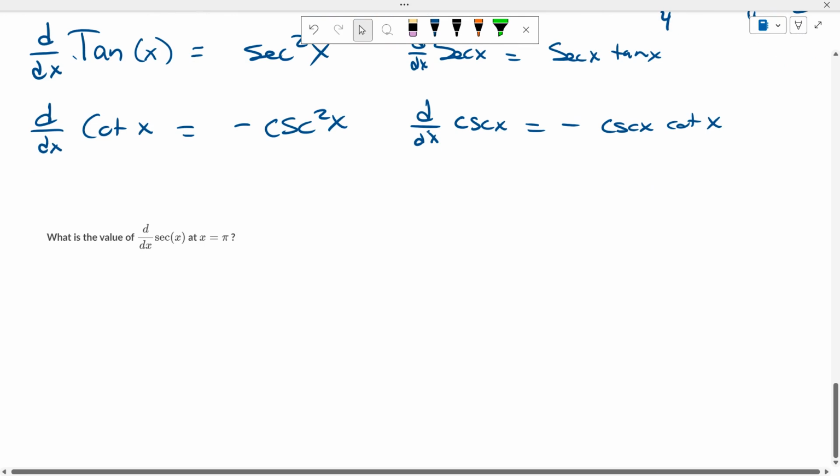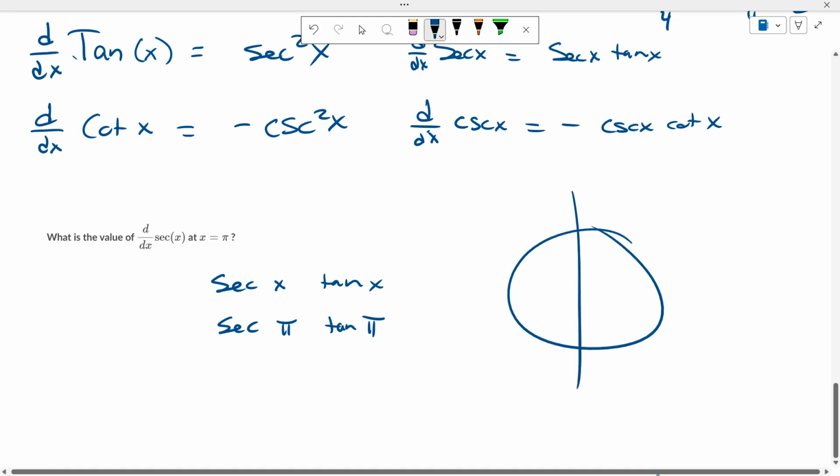So the first derivative of secant of x is secant of x tangent of x, right? So we're just going to find the secant of pi, the tangent of pi. Well, on our unit circle, pi is at -1, 0, right?